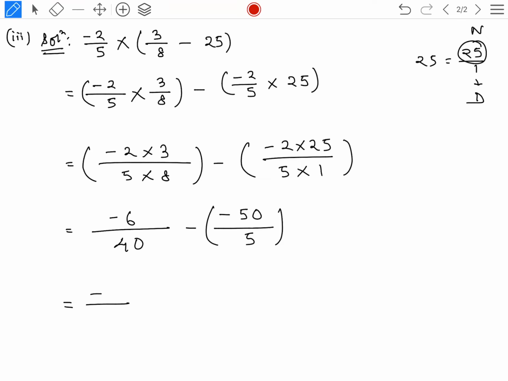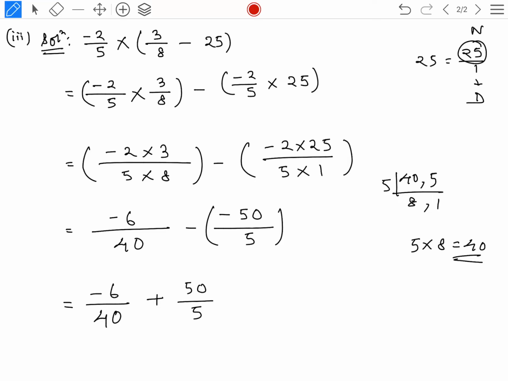Next step, minus 6 by 40 and the negative will become positive, plus 50 by 5. Now take the LCM of 40 and 5. If you find the LCM of 40 and 5, you will find that it is 40. Why? Because 5 divides 40. So 5 into 8, LCM is 40.